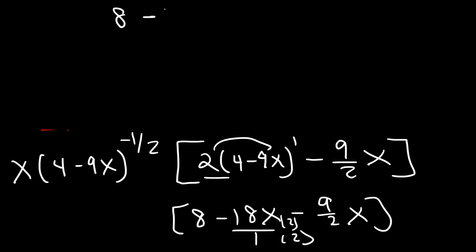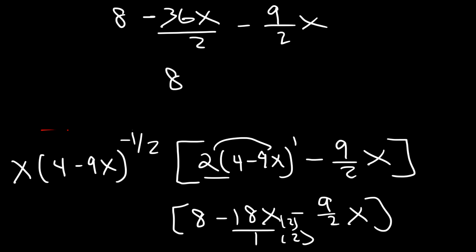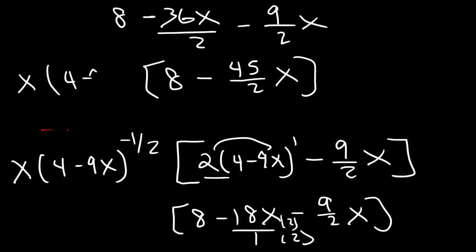So it's going to be negative 36x over 2, and then minus 9 over 2x. So negative 36 minus 9 is negative 45. So we have 8 minus 45 over 2x. And then that's multiplied by x times 4 minus 9x raised to negative 1/2.